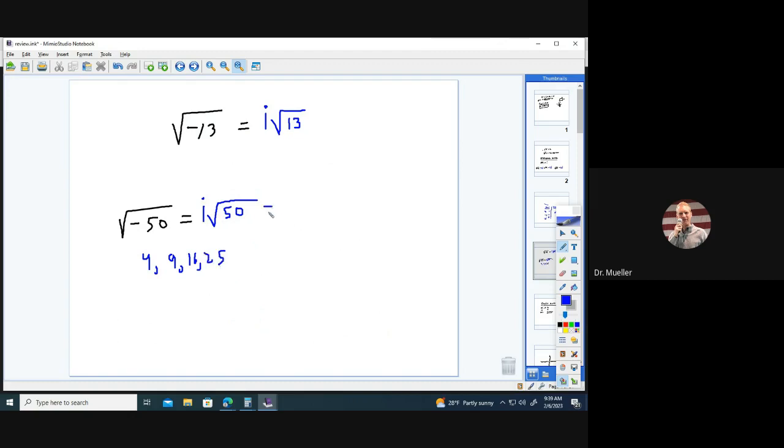So this right here is going to equal i times the square root of 25 times 2. All right, so then when we simplify it, we get i times the square root of 25 times the square root of 2. And the square root of 25 is just 5. So this just becomes 5i square root 2, which is how we would write the square root of negative 50.